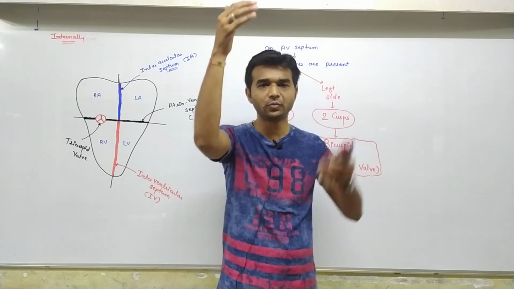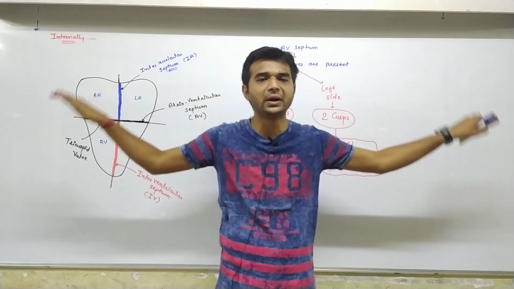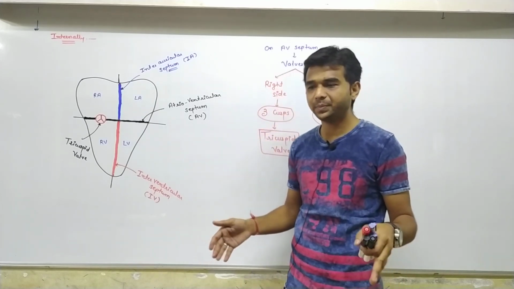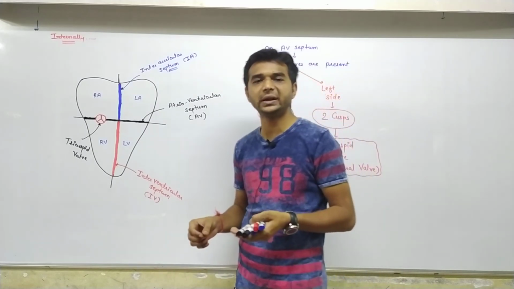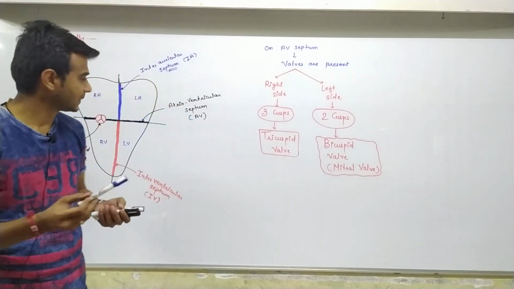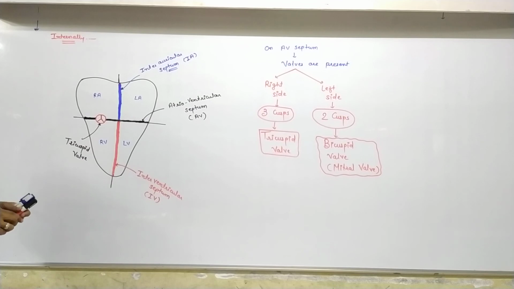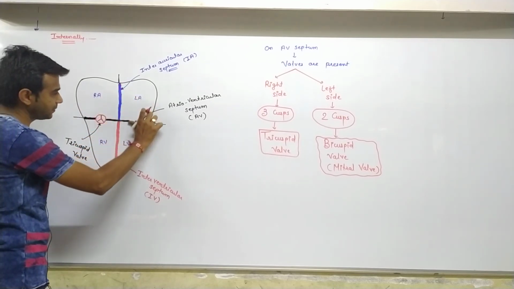Generally, blood flows from auricle to ventricle and ventricle to artery. So these valves prevent the backward flow from the ventricles to the auricles. The right side valve is made up of three cusps and the left side valve is made up of two cusps.